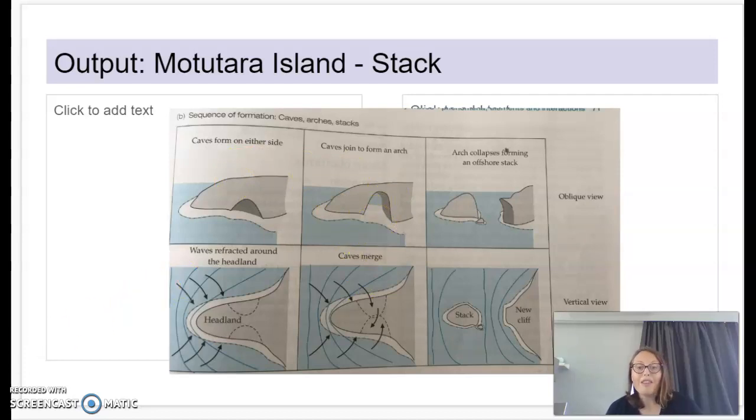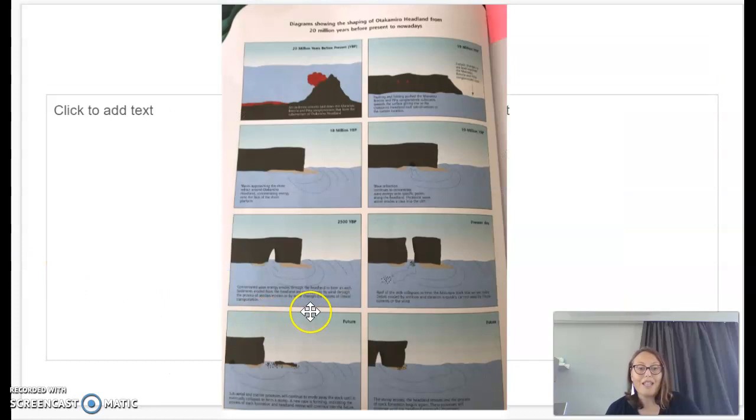Alrighty, but then the next step after that is that we're still going to have those wave processes happening. We're still going to have our attrition. We're still going to have our hydraulic action. But now we step back a bit and we head into a bit of weathering. So we get to see those subaerial processes, so primarily that process of wetting and drying.